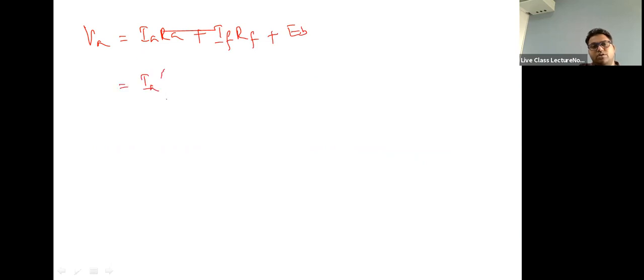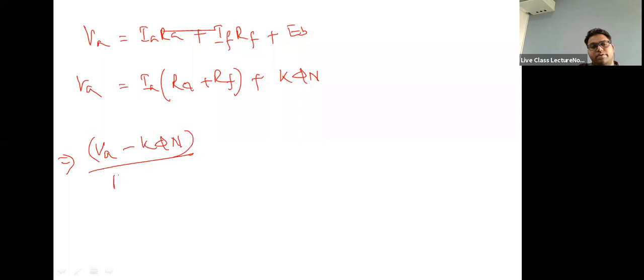So I is common, R_A plus R_F, plus this is K phi N, this is V_A. Now we need to find the speed. So V_A minus K phi N divided by R_A plus R_F will be equal to I_A. Now if it is at no load, almost zero load, that means I_A will go to zero, right?